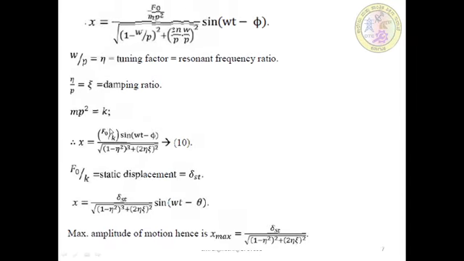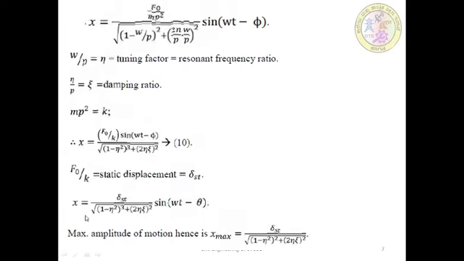Now you substitute the corresponding values, and the equation will be like that. In this equation, F naught by k is called the static displacement. Static displacement is nothing but the initial force divided by the stiffness. Now you can rewrite the equations like that. For the maximum displacement, when the sine of omega t minus theta is equal to 1, you will have maximum displacement.